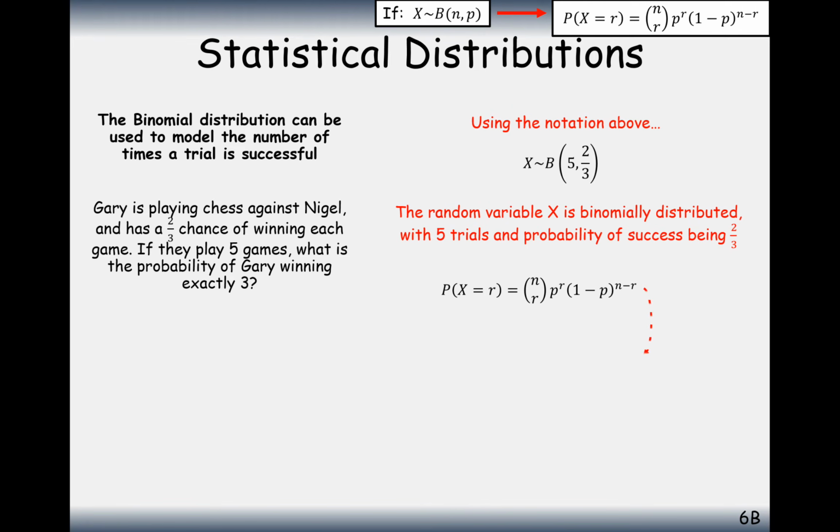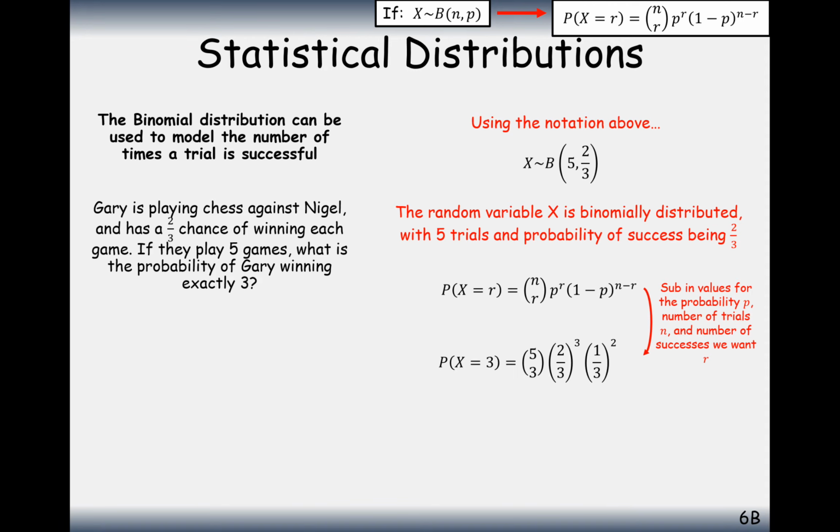Now the probability of each success here, and what we're going to look for here is 3 successes, is equal to the number of ways that these 3 successes can be ordered, 5 choose 3, times the probability of success to the power of number of successes, times the probability of failure to the power of the number of failures. And you can type that all into your calculator and you get out 0.329. Perfect.